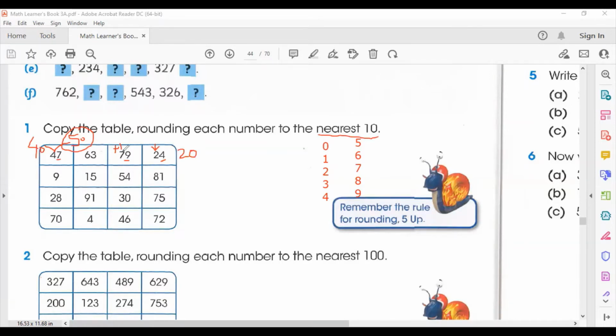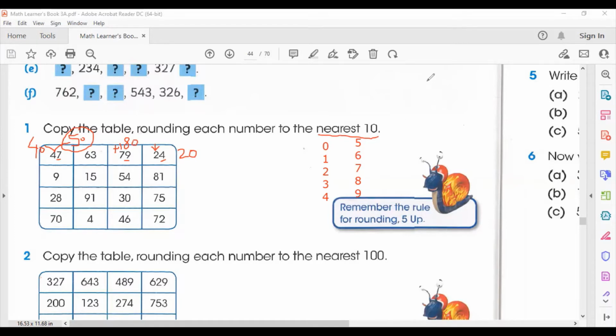So this 7 changes into 8, so we write 8 here, and the one's place value automatically changes into 0. Obviously, when we are talking about the nearest 10, our answer should be in 10s: 10, 20, 30, 40, 50, 60, 70, 80, 90. So our answer should be like this in nearest 10 questions.